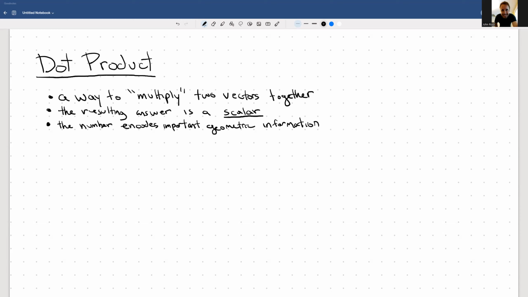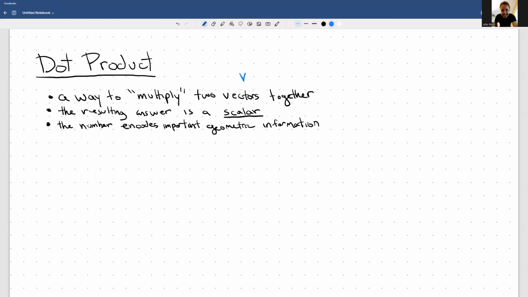We're going to combine two vectors together, but the end result is not going to be a vector. So when we calculate this dot product, the resulting answer is a scalar number. And the number that we get will actually encode a little bit of geometric information in a pretty interesting way. And when I say that we multiply these two vectors together, I should say these are two vectors in the same n-dimensional space, but they could be any n-dimensional space.